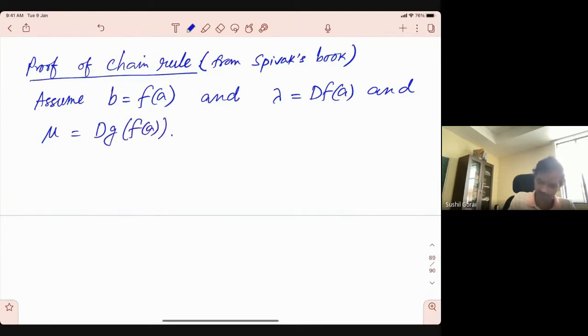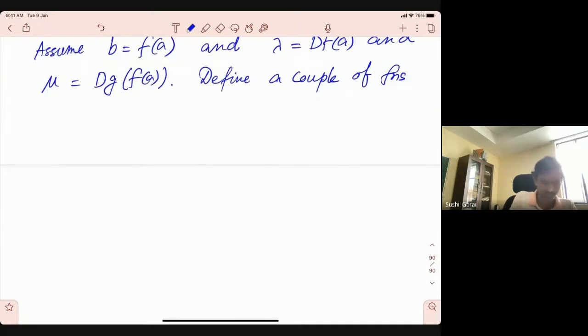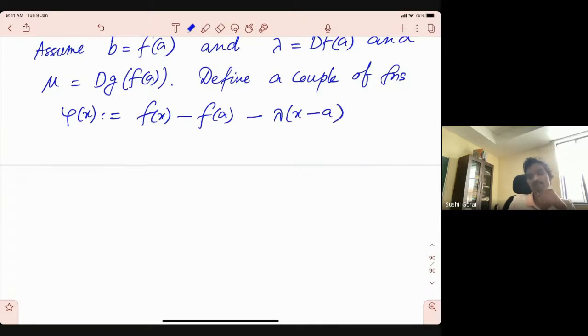Define a couple of functions: phi(x) to be f(x) minus f(a) minus lambda times (x minus a). It's simple, just the expression on the top of the limit.